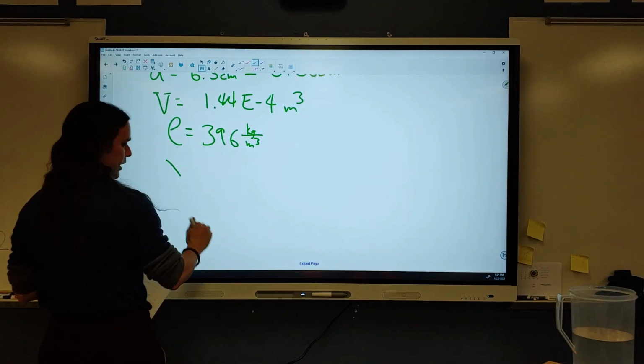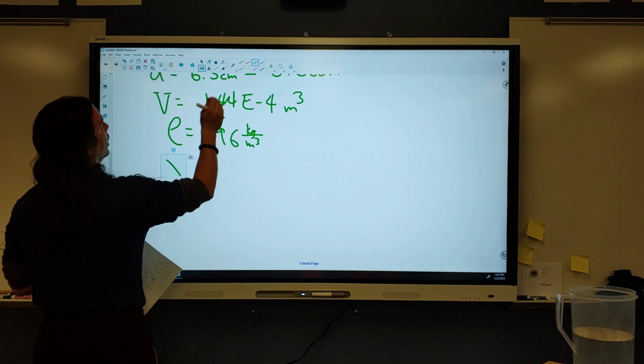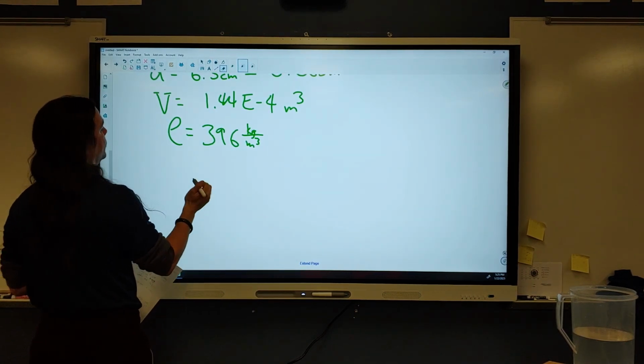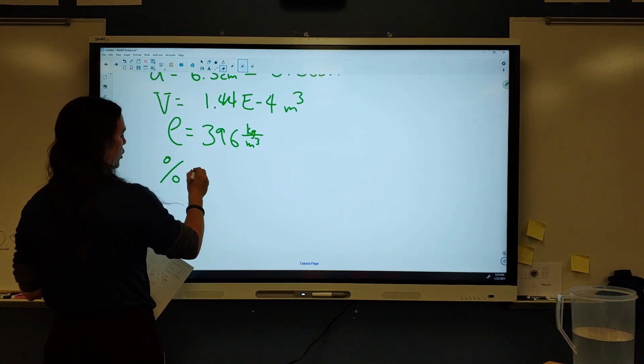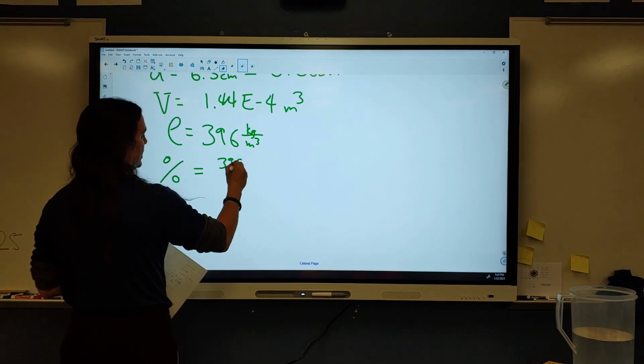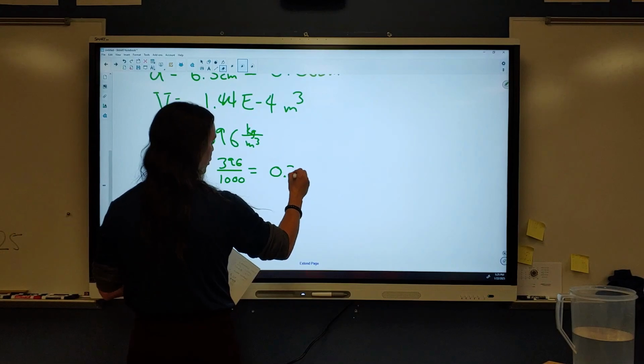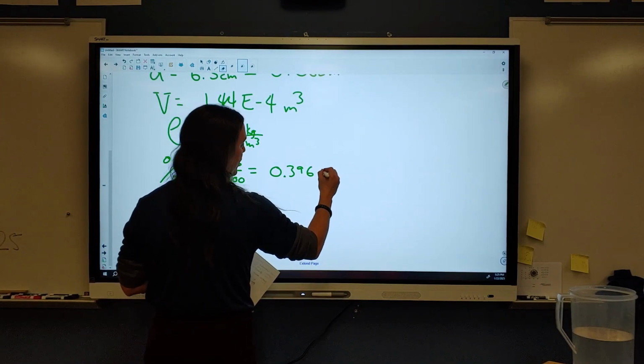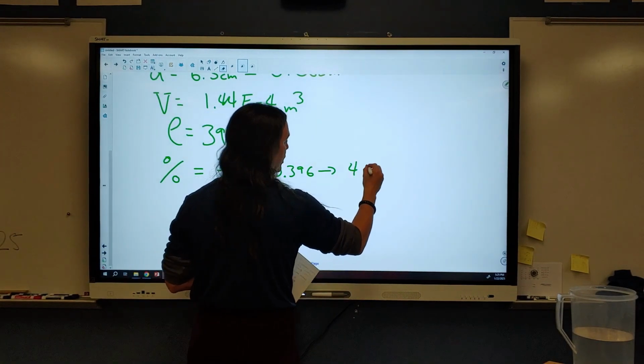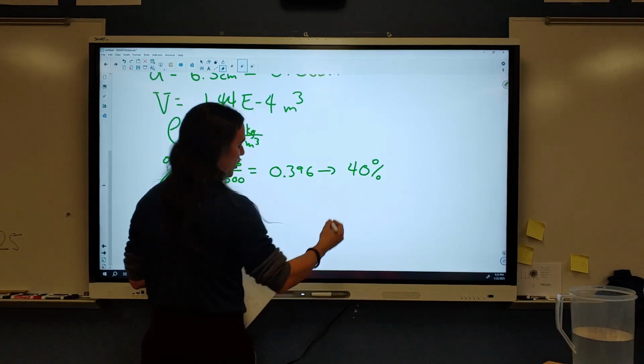Percentage submerged would therefore be 396 divided by 1,000, which is going to be 0.396, or about 40%, about 39.6%.